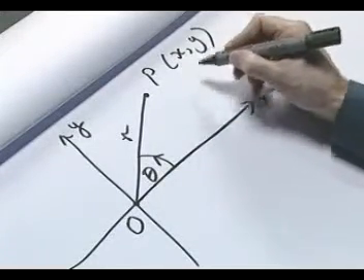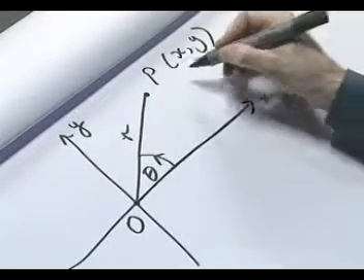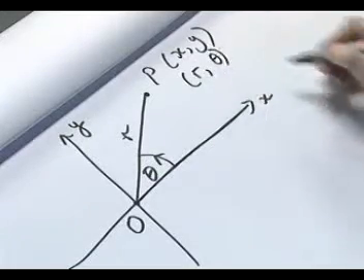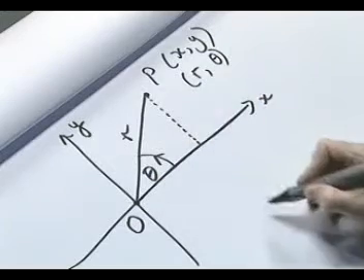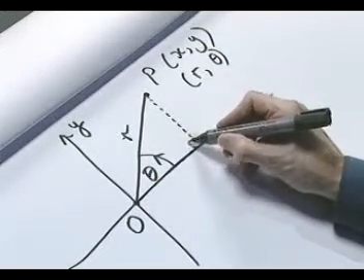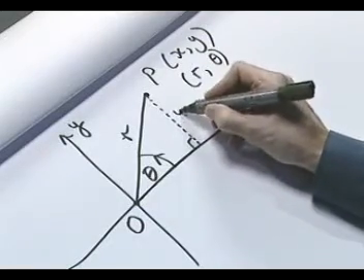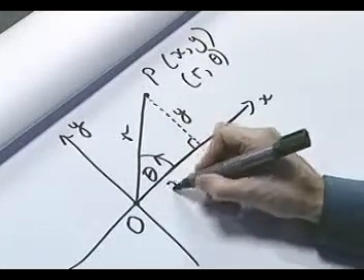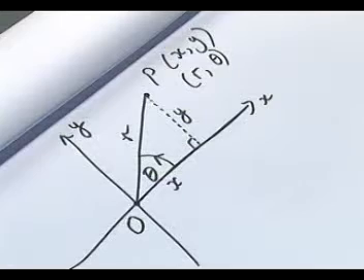So we can see that in Cartesians we're describing it as x, y, and in polars we're describing it as r, theta. So what's the relationship between them? Well, let's drop that perpendicular down, and we can see that this is a height y because of the y coordinate of the point, and this is at a distance x because of the x coordinate of the point.